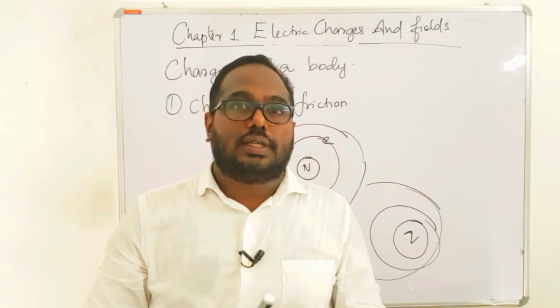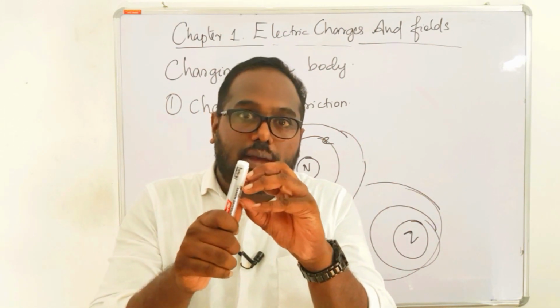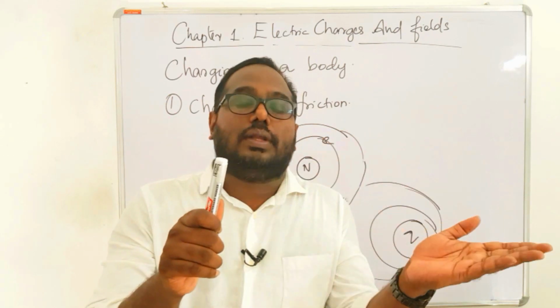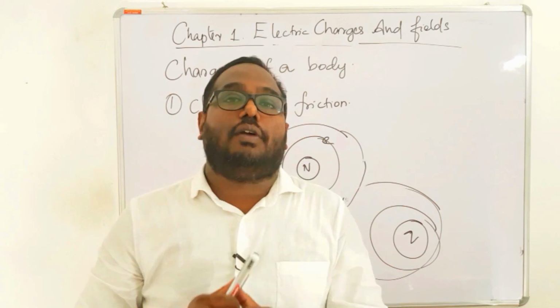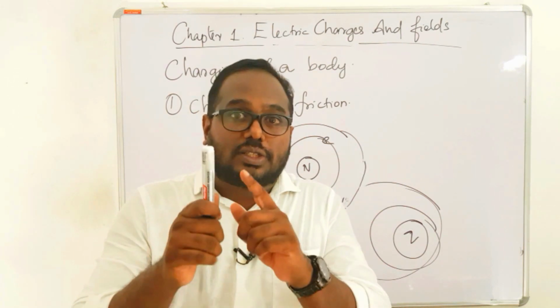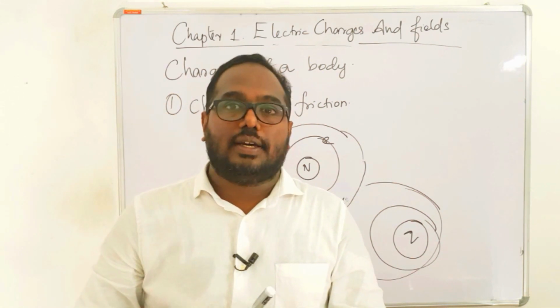Sometimes an electron may be transferred from this object to the other, and this one will get positively charged. Then also a net charge is developed, and since it is not zero, it can attract other objects. That was our definition.